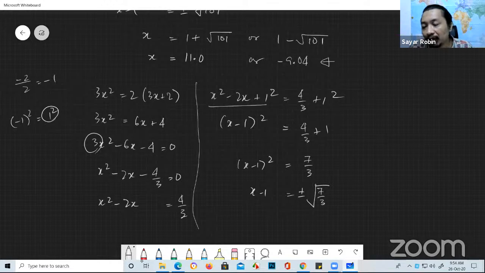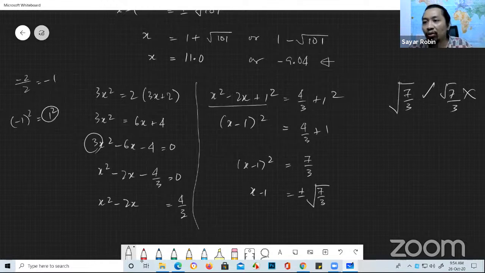You have to draw the square root sign so that it covers both the numerator and the denominator, 7 over 3. Some students write it like this, covering only the 7, but that's wrong. That's correct, right?